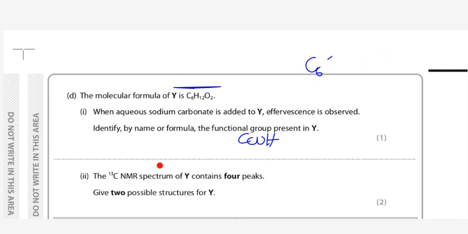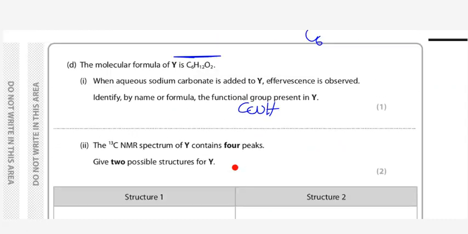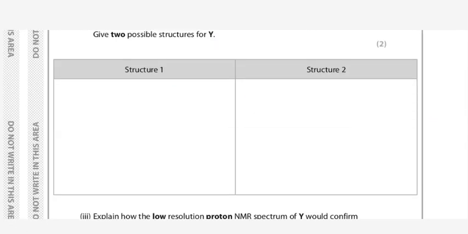The C-13 NMR spectrum of Y contains 4 peaks, which gives 2 possible structures for Y. The carbons are in 4 different environments. It's a carboxylic acid with 6 carbons. 4 peaks means there should be a branch somewhere.